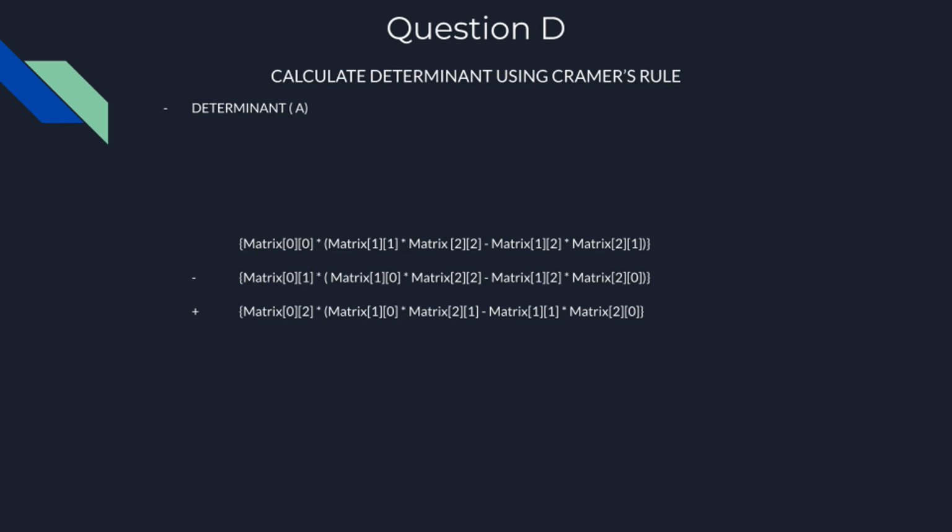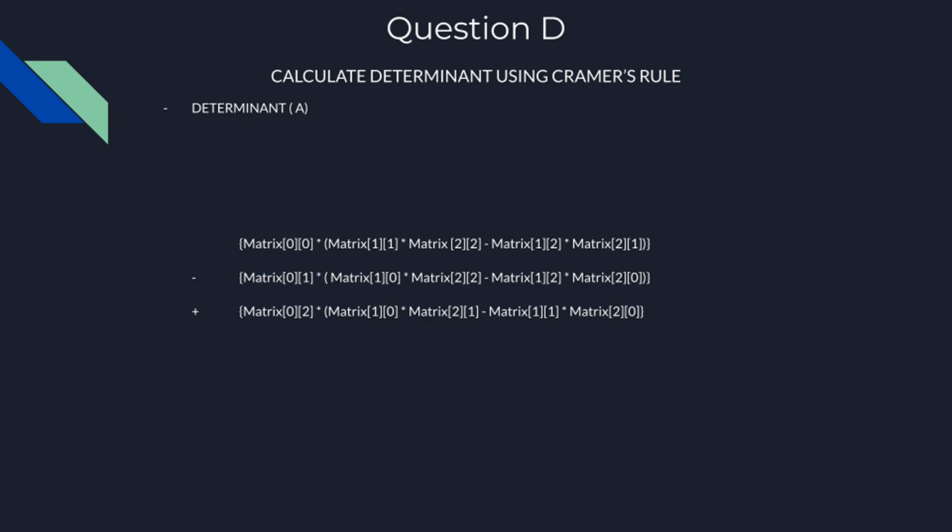Now we have to find what we're looking for, right? And we have the determinant formula, which is going to help us to calculate it. The only way this will work is if the determinant is not zero, right?